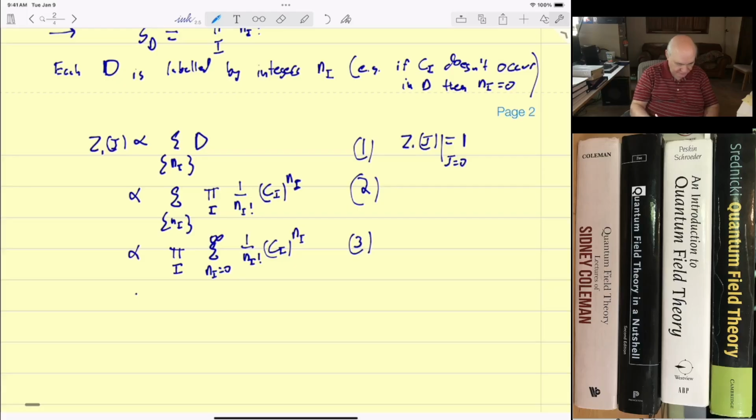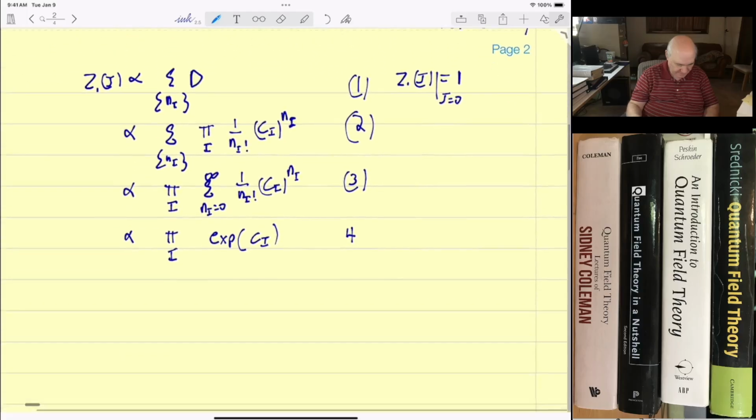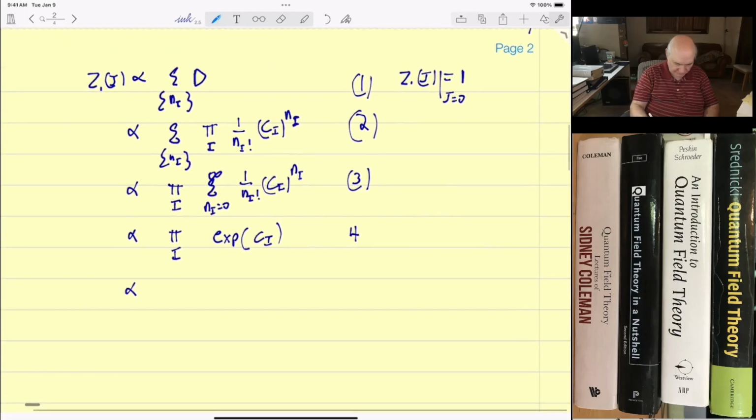And this is proportional to the product over i of, this is the usual exponential Taylor series, the exponential of ci, and now we're just using the rule for adding exponents, the exponential of the sum over i of ci.